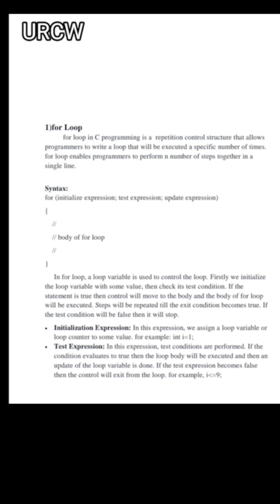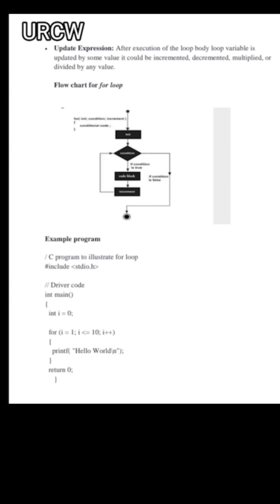For example, i <= 9. Update expression. After execution of the loop body, the loop variable is updated by some value. It could be incremented, decremented, multiplied, or divided by any value. The flowchart shows the flow of for loop.